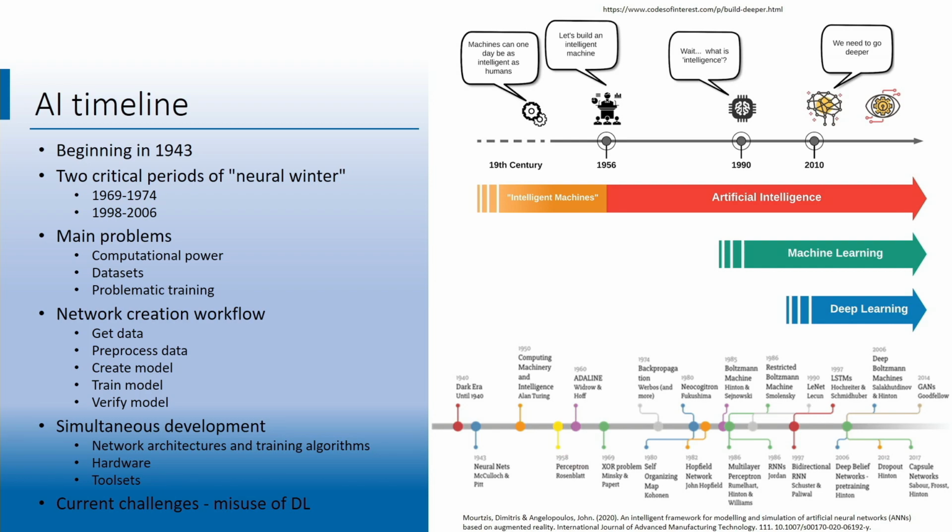Then hardware, which allows us to process and train larger models and larger datasets, and toolsets, which allow more people to get involved in artificial intelligence, as they make it easier to access those resources. We also have some current challenges, which were already mentioned in the previous block. It's not only misuse of deep learning, but also fast development of large models without appropriate alignment.